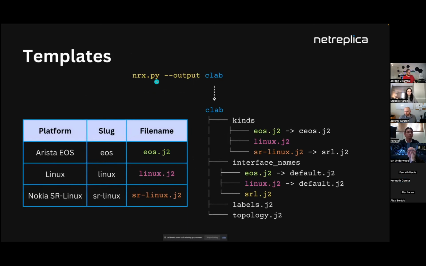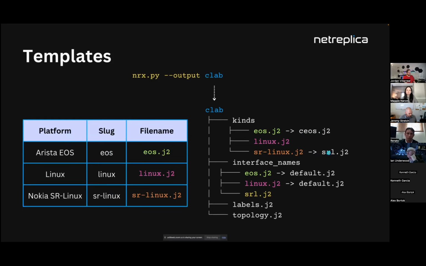So when I say NRX output club, that maps to a folder where all my templates are stored. And then the platform slug information maps to the file name, right? So natively to Containerlab, you would expect templates called like COS, which is a containerized OS, and SRL for Nokia SR Linux, and so forth.